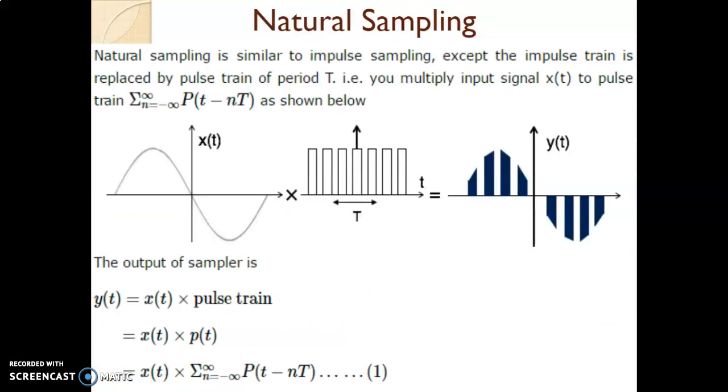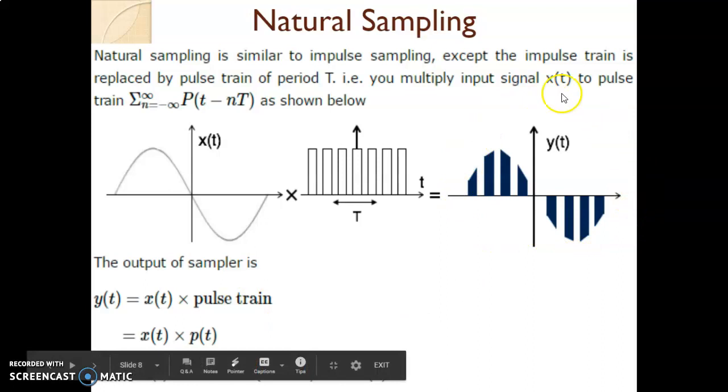The second type of sampling is called natural sampling, wherein there is a pulse train, and that pulse train has some period. So our analog signal is going to be multiplied with the pulse train, which has some period of T. So x of t multiplied by the pulse train will give you y of t, and this is called natural sampling.